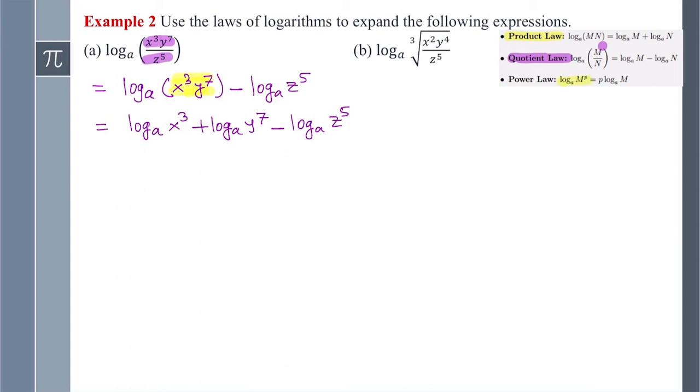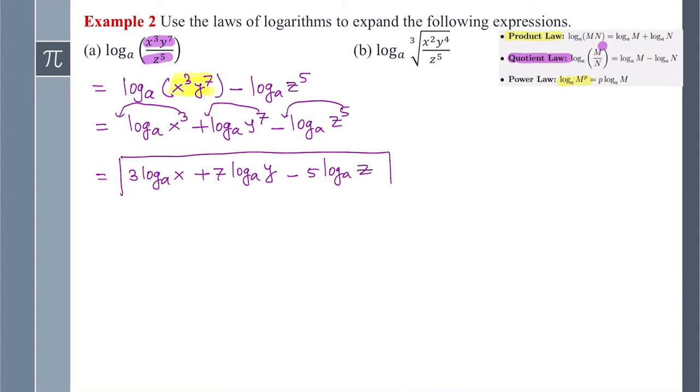If we have a power, we can bring it to the front. So we bring the 3, the 7, and the 5 down. That equals 3 log base a of x plus 7 log base a of y minus 5 log base a of z. So this is the final expression. That's how far we can go.